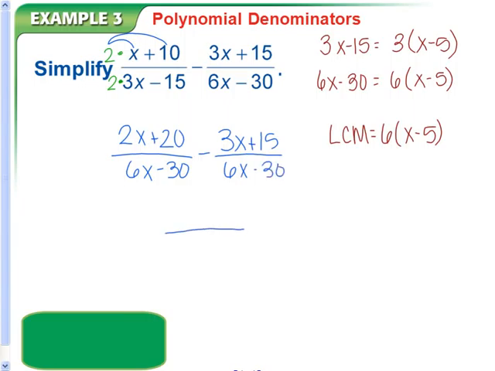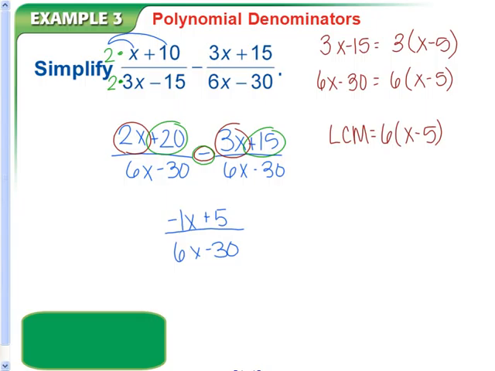Okay, we have common denominators. Now we can go ahead and subtract. So make sure when you subtract, you're careful with this. It's 2x minus 3x, which is going to be a negative 1x. And then 20 minus 15 is going to be a positive 5.